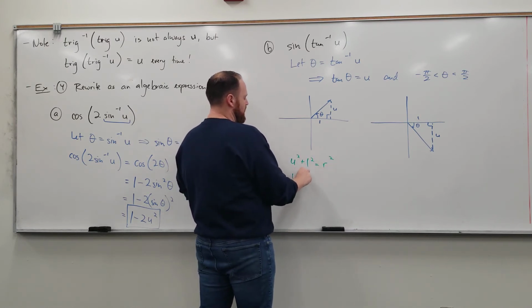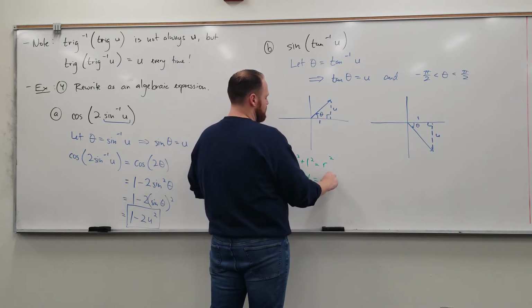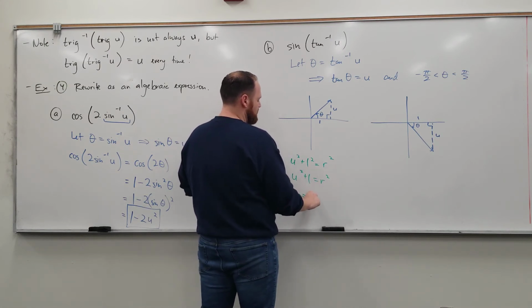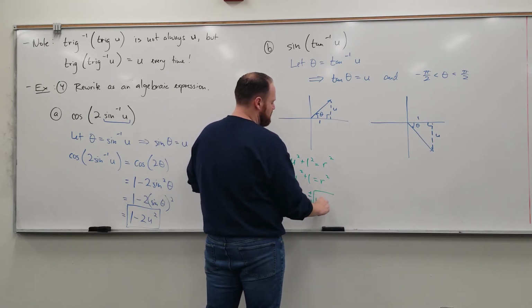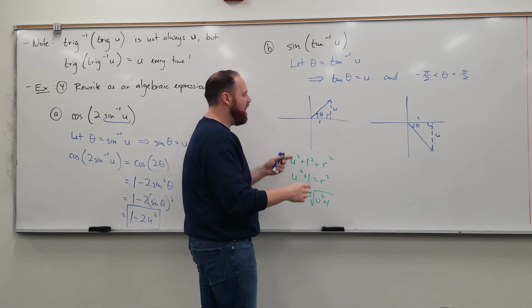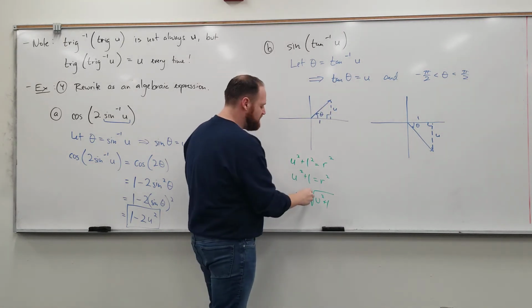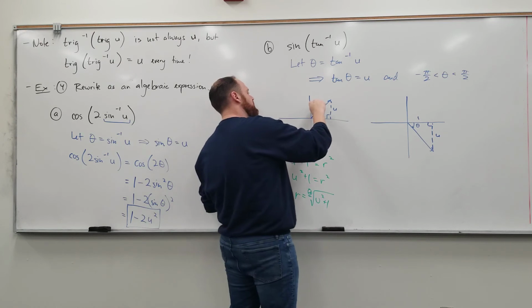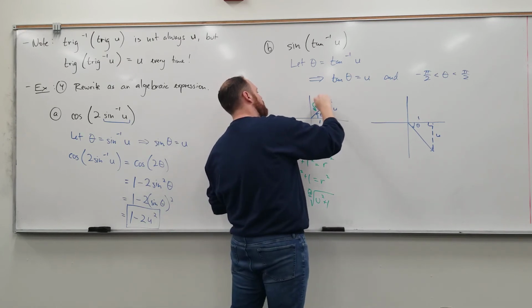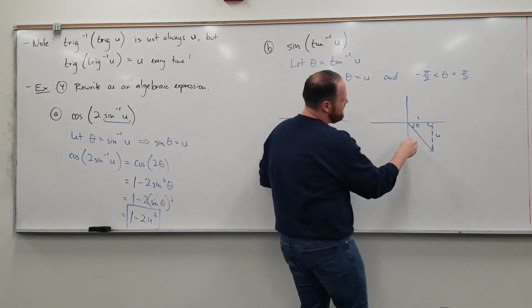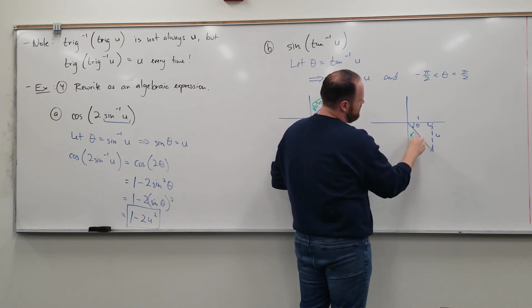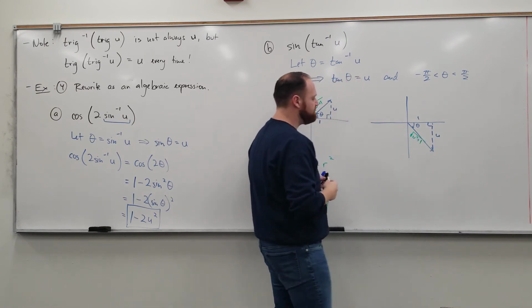So u squared plus 1 equals r squared. So r is technically, we would say plus or minus square root of u squared plus 1. But r always represents this distance. It always represents a positive number. So here I'm going to say this is the square root of u squared plus 1. You'd get exactly the same thing over here, right? Square root of u squared plus 1.